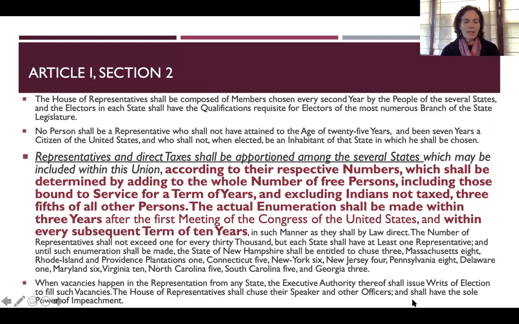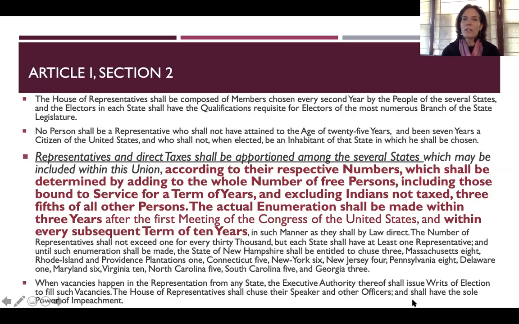Apportionment and direct taxes is determined, and I quote, "according to their respective numbers, which shall be determined by adding to the whole number of free persons, including those bound to service for a term of years, and excluding Indians not taxed, 3/5 of all other persons.